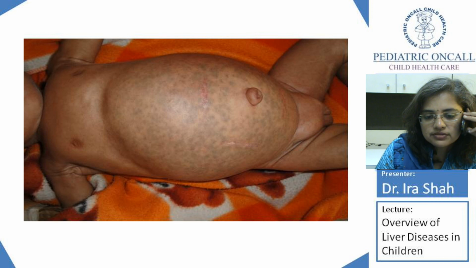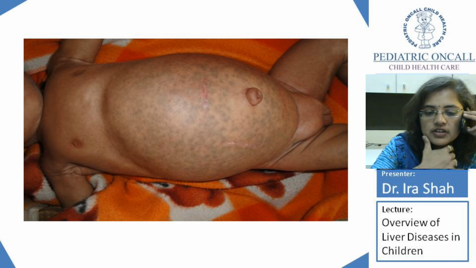This photograph, there is a huge abdomen. The abdomen is more swollen in the upper quadrant. The lower quadrant is not as prominent as the upper quadrant, and there are these blue markings over the skin. Can we think of anything?